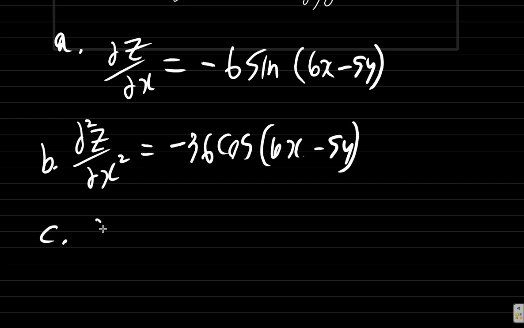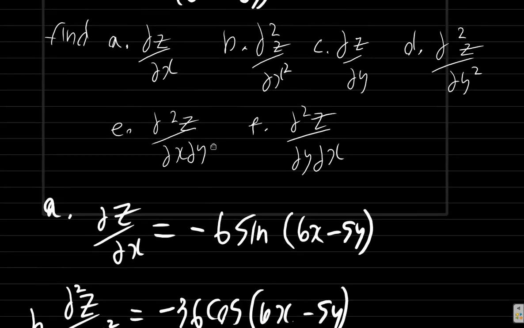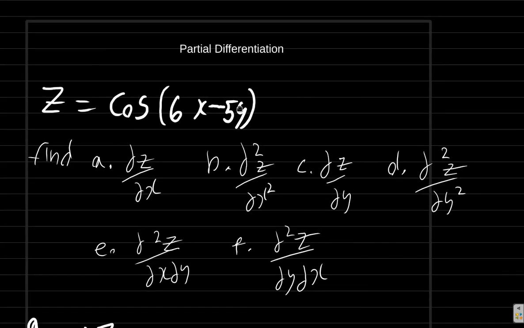C. Delta z by delta y. What is it? Here you have a chain rule again. We're going to differentiate with respect to y. This is a function of a function. It's cos of something, and that something is itself a function. That something is 6x minus 5y.